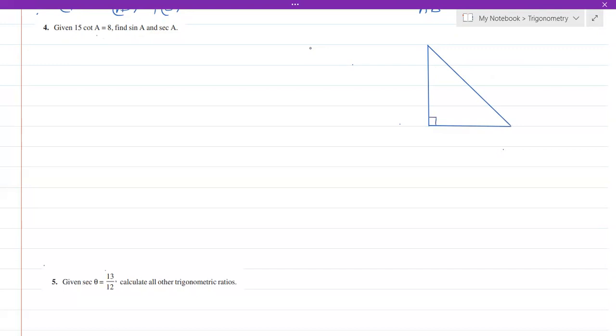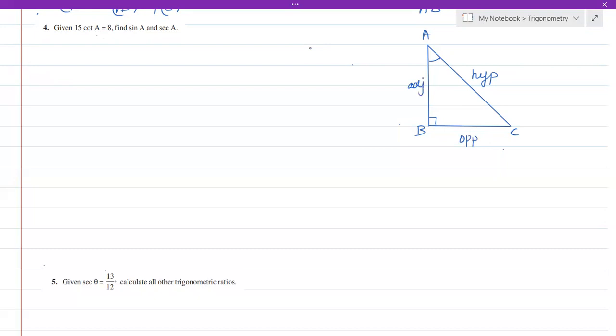The triangle is ABC, which is the right angle triangle. And as you know, the side opposite to 90 degrees is hypotenuse. And according to the question, 15 cot A means the angle is at A. So the opposite side becomes BC and the adjacent side becomes AB.